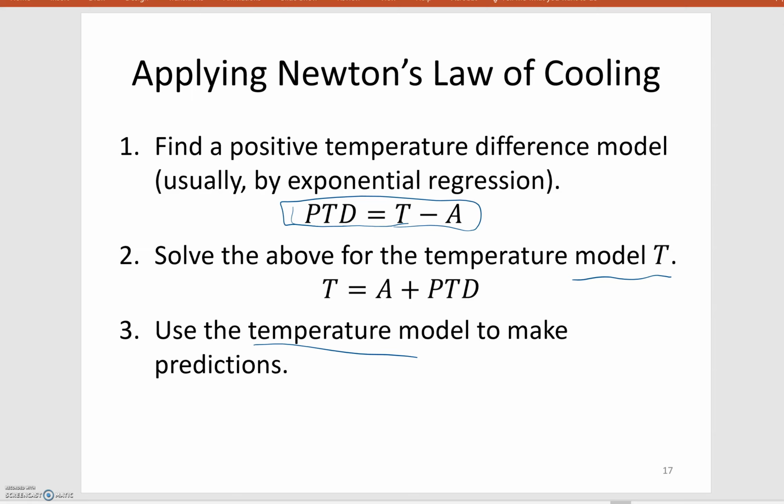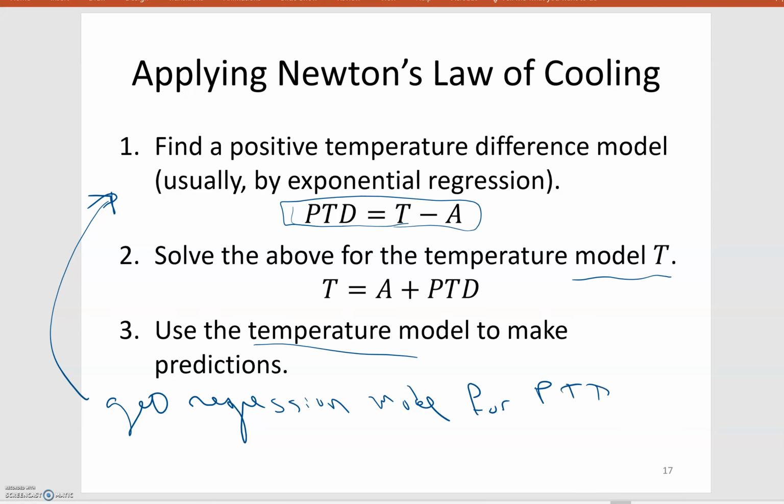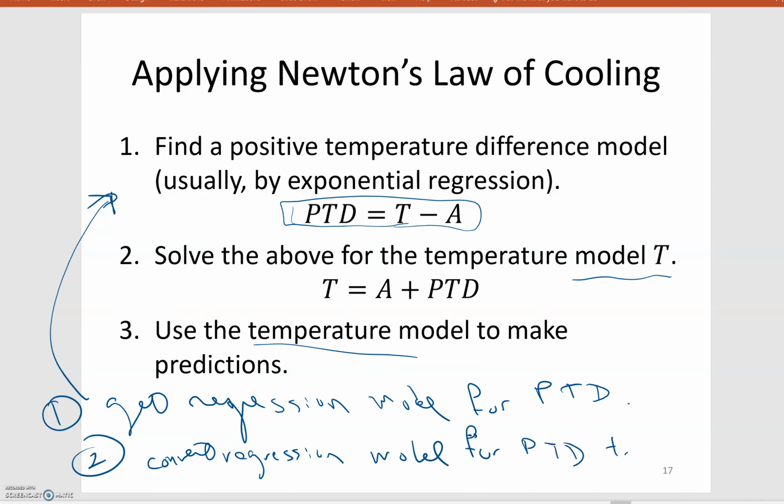So there's basically two steps to this. Step one is we get the regression model for PTD. And we'll go into all this in detail in just a moment. But then step two is we convert the regression model for PTD to an object temp model.